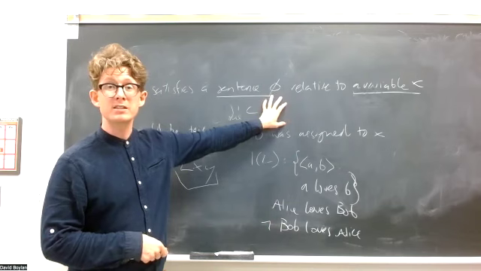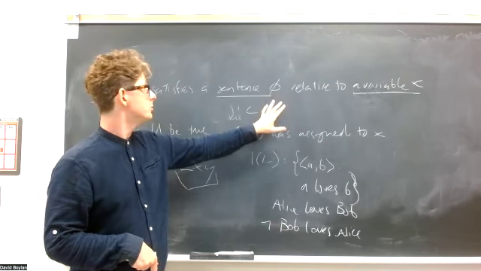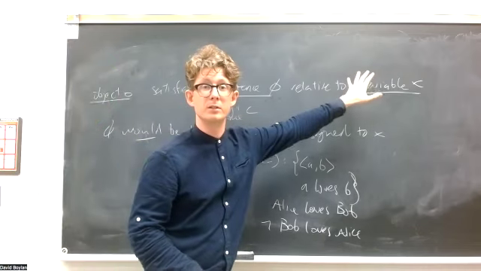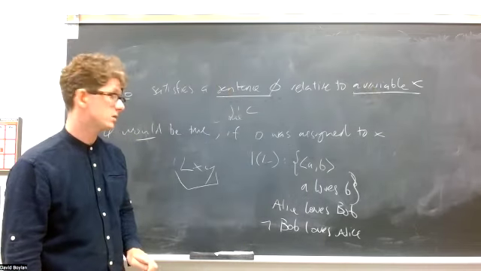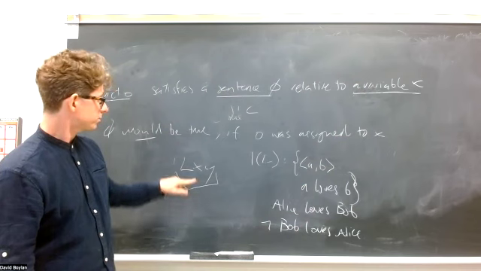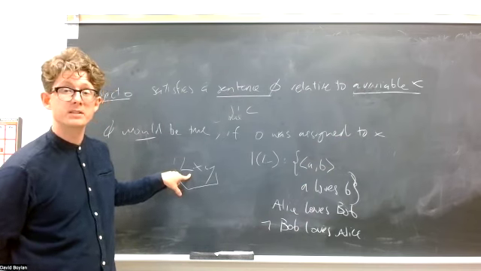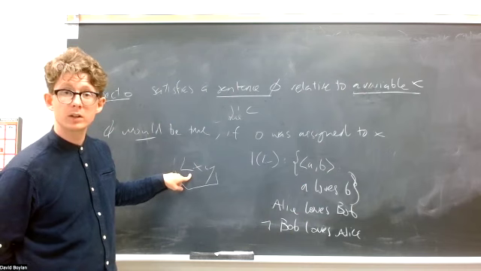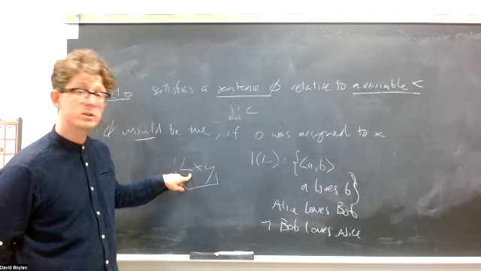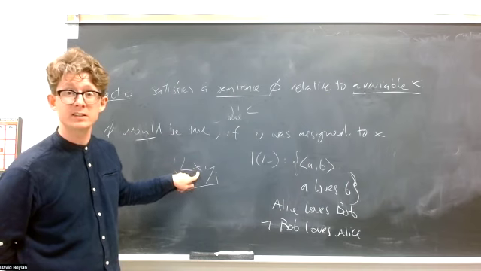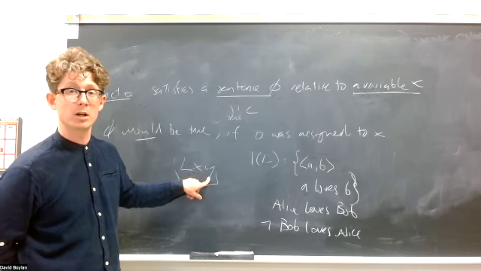So when we're thinking about satisfaction, we need to be clear about who is being assigned to what variable. Here we would say Alice and Bob satisfy this sentence with respect to the variables x and y, respectively, that is, when x is assigned to Alice and y is assigned to Bob.